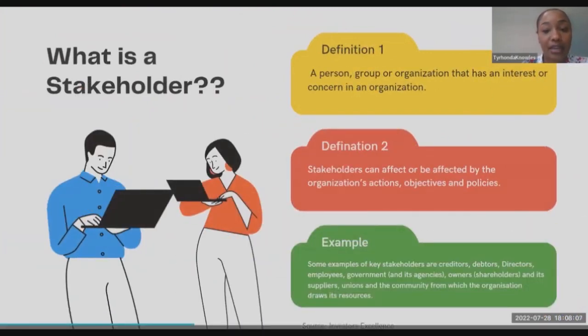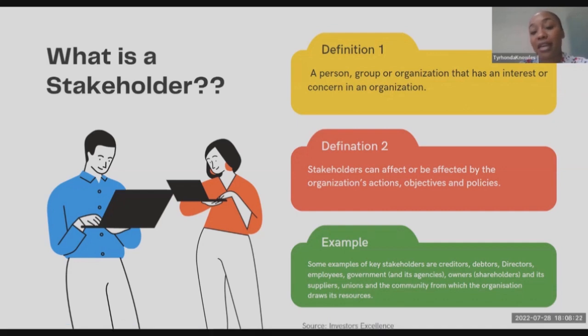So what is a stakeholder? As you may be aware, a stakeholder is a group, a person or organization that has interests or concerns in an organization. And stakeholders can affect or be affected by the organization's actions, objectives, and policies.